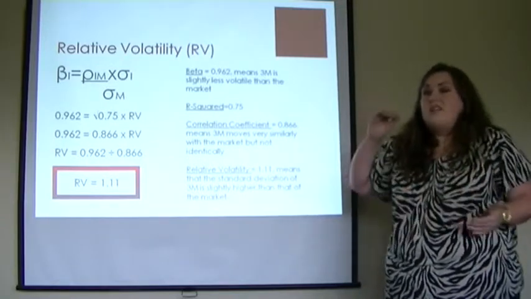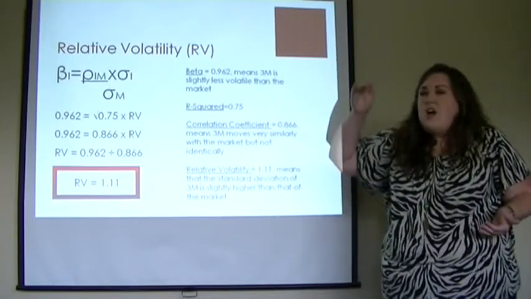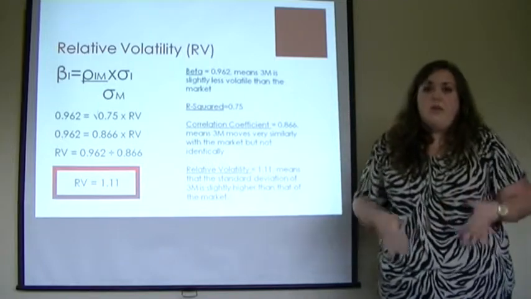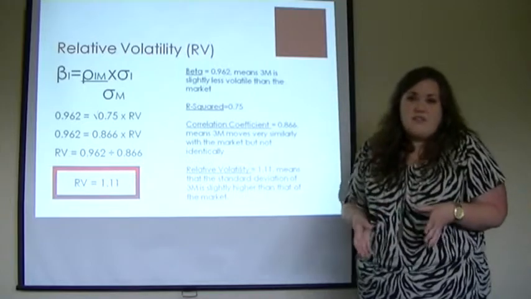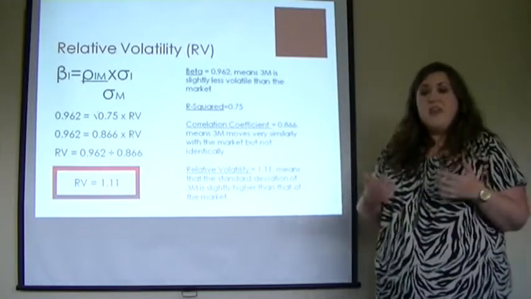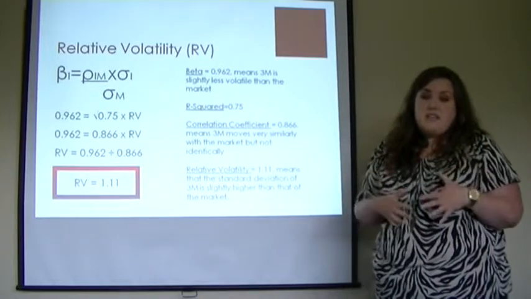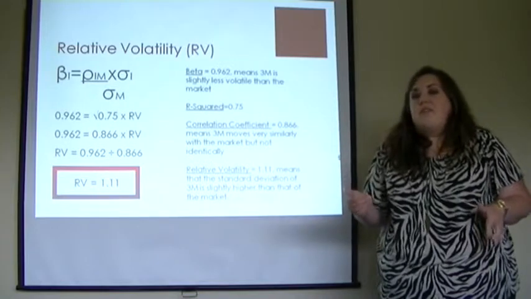So if the market is really high, you're looking at 3M being high also, but not quite as much. And if it's really low, you're looking at 3M also being low, but again, not quite as much. So then lastly, we look at our relative volatility, which at 1.1 means that the standard deviation of 3M is slightly higher than that of the market.